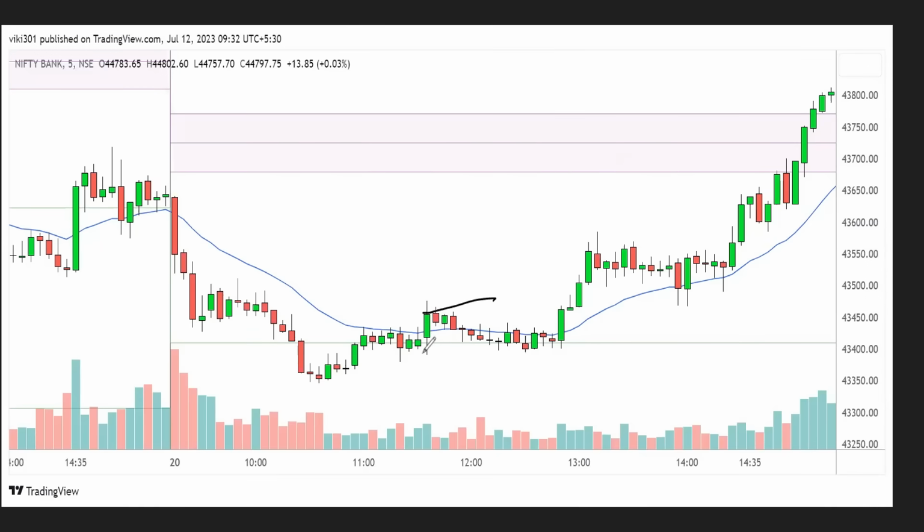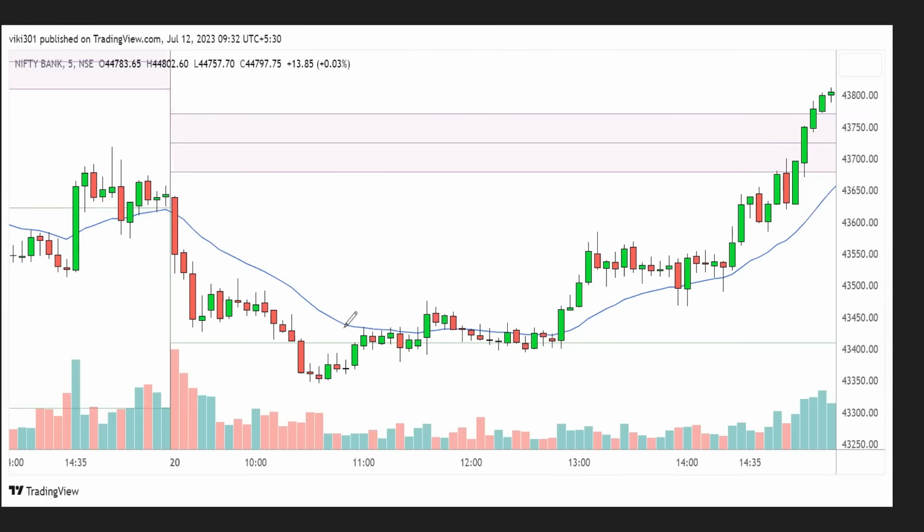If you went long and kept your stop loss below the candle, then maybe your stop loss would have been hit, right? So that is why immediately it will not go like this. Sometimes it can come down again and again it can go up. So that is why I said if you have taken a long trade here, your stop loss would be below the swing low, right? So you can see that again it broke the 20 MA and then it started going.